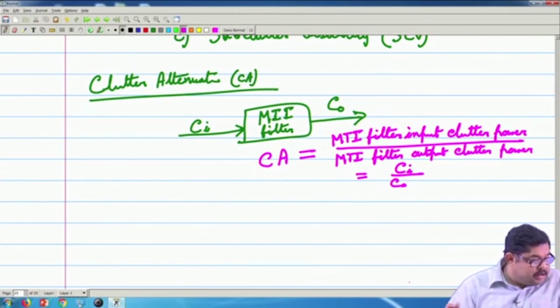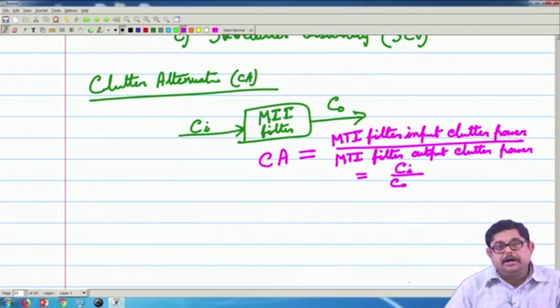Let us do that. So, let us assume that the clutter is modeled as a Gaussian distributed power. You know that generally we take Gaussian because it is mathematically tractable.